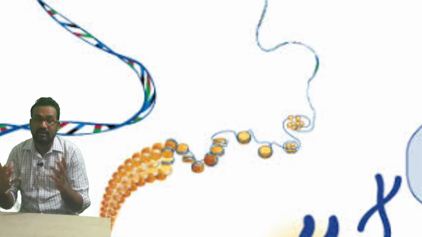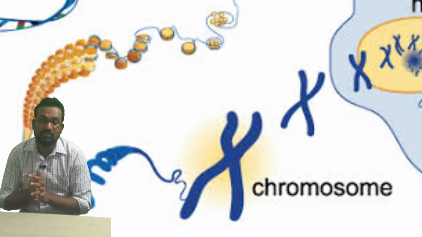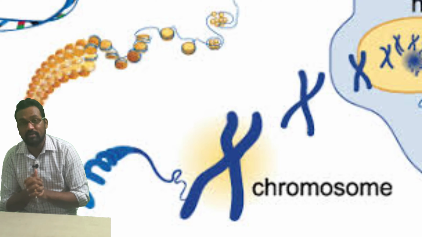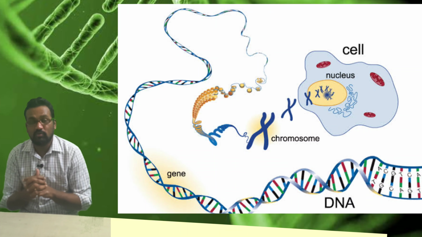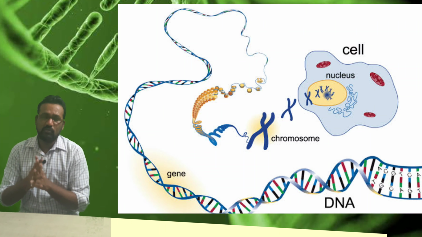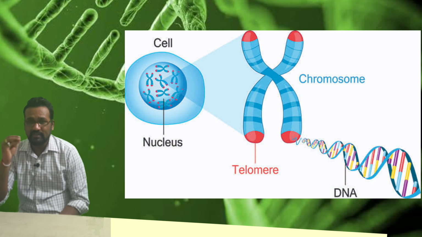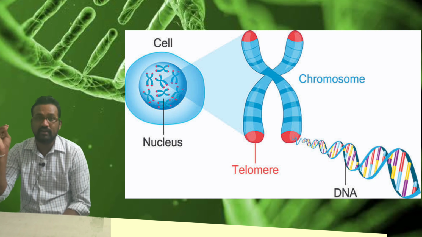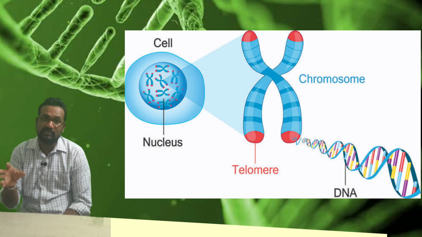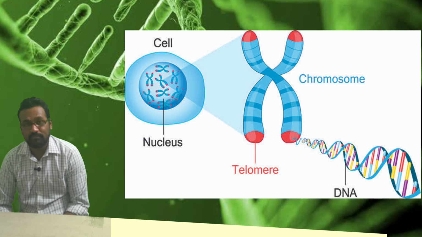DNA and histone protein create the supramolecular structure known as chromosome, which you know very well. We have already discussed the chromosome. This chromosome is present inside the nucleus, in which you have your DNA. This DNA does not go outside the nucleus, because the information in this DNA is very valuable.